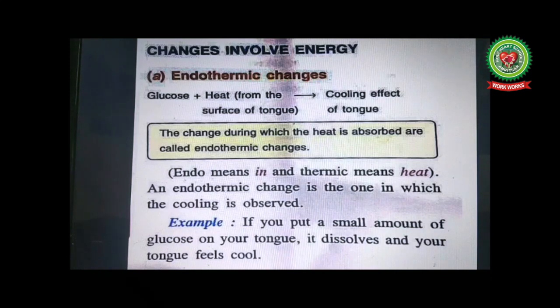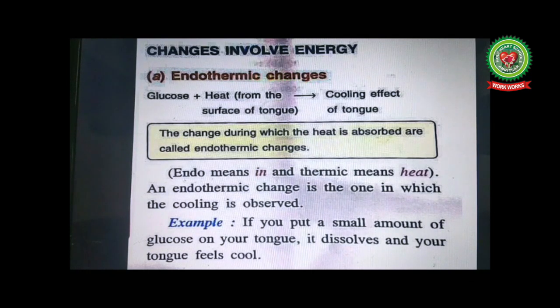Now, starting with the reading of the chapter on page number 31, changes involve energy. Endothermic changes. Glucose plus heat from the surface of tongue gives cooling effect of tongue. Why does it give cooling effect of tongue? Because heat is being absorbed during this change. The changes during which heat is absorbed are called endothermic changes.